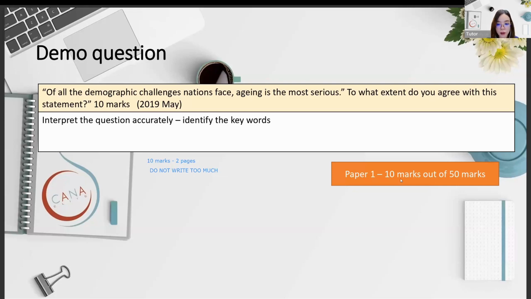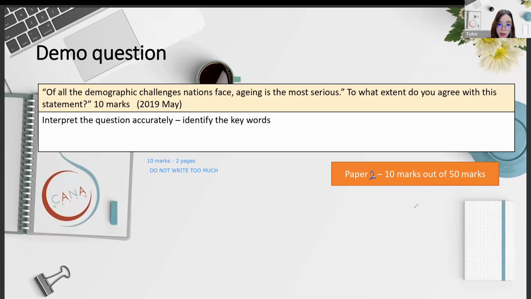Okay, and for paper, oh sorry, that should be paper 2 instead of paper 1. Let me correct it here. Okay, so for paper 2, that 10 mark essay accounts for about 1/5 of your total mark in that paper.